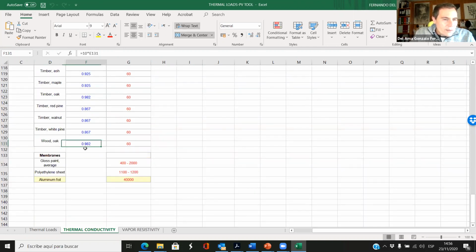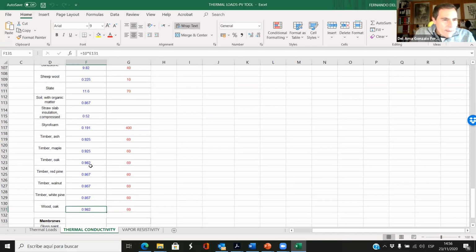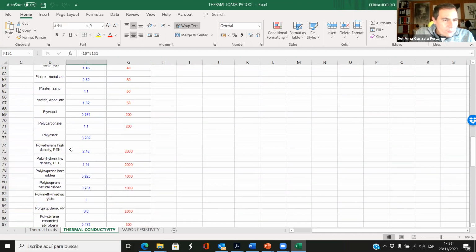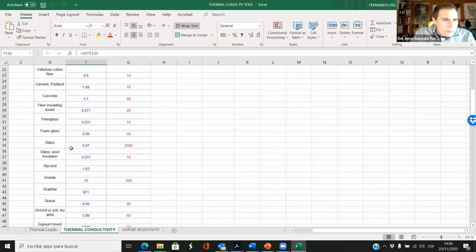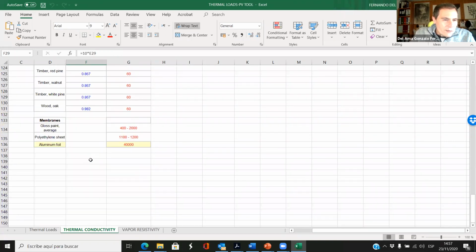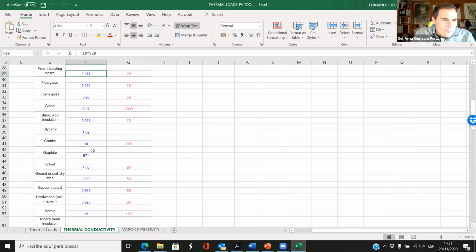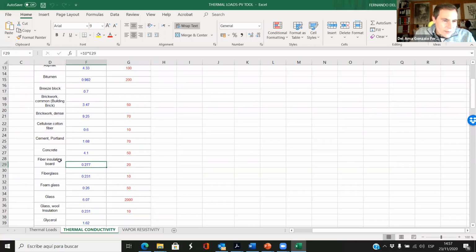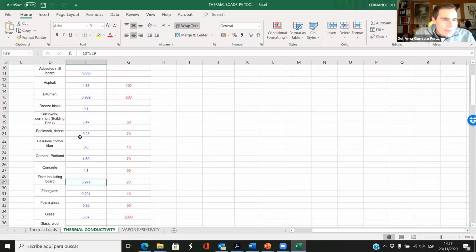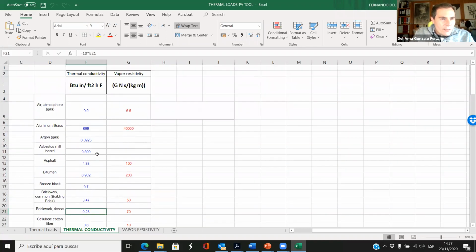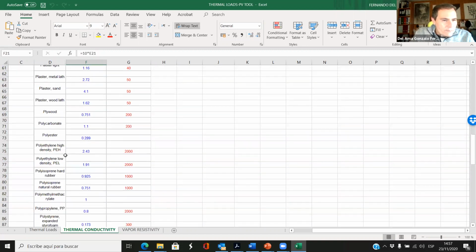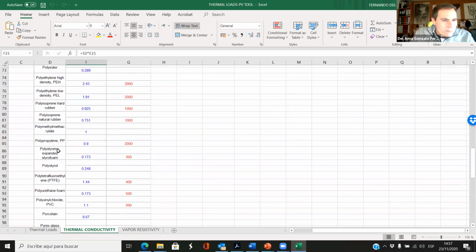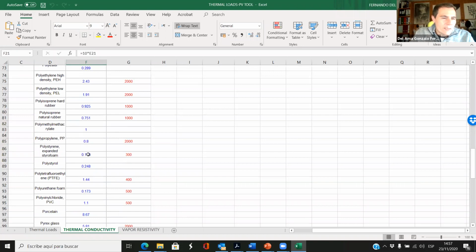Wood is around 0.9, and fiber insulating board is 0.2, so this is better. Then brick is 9, so brick is the worst, and polystyrene is 0.1. This is the best.